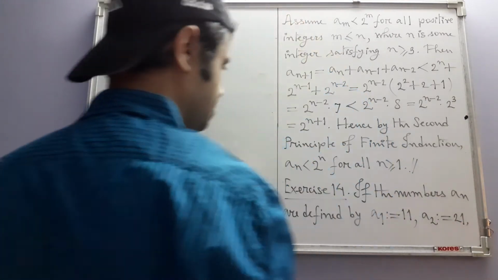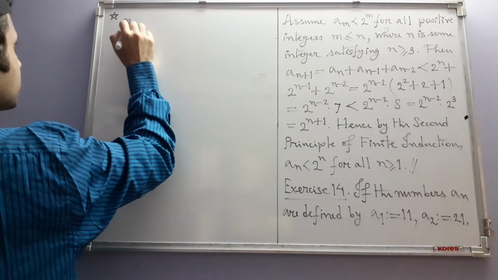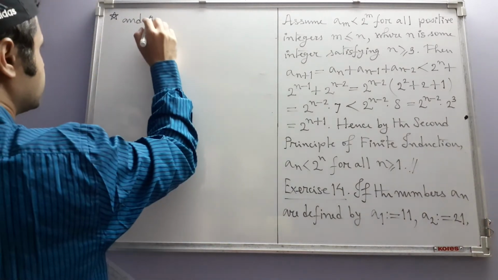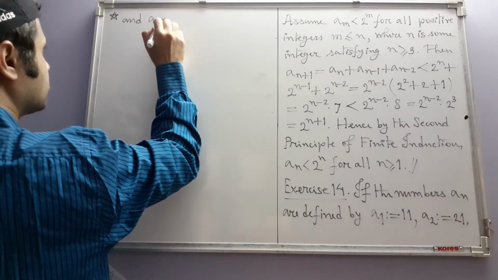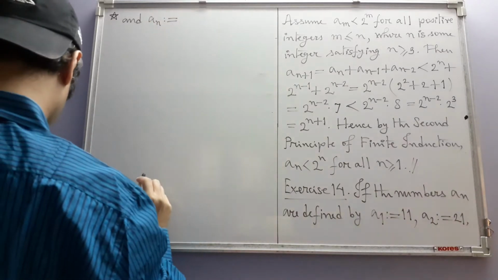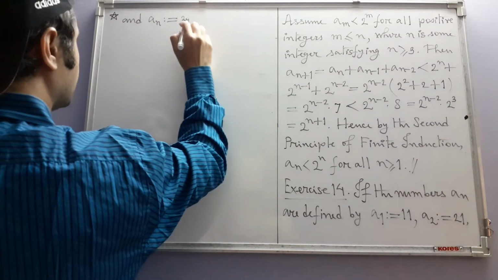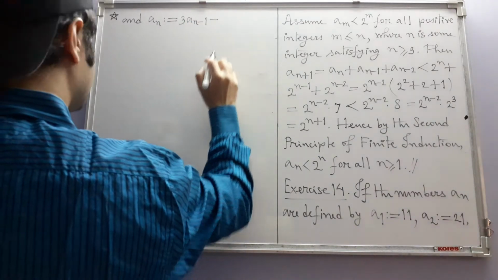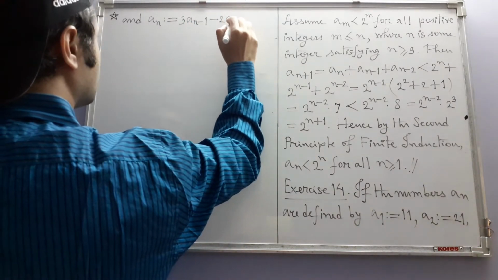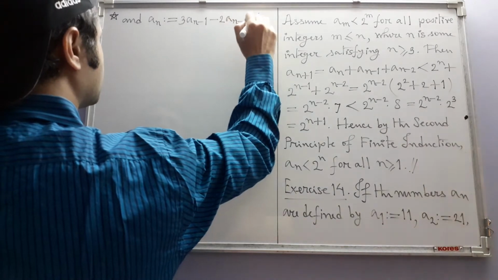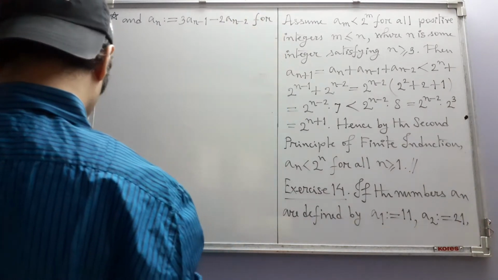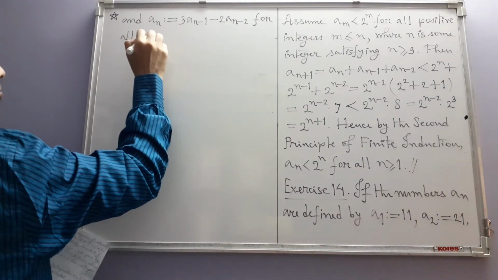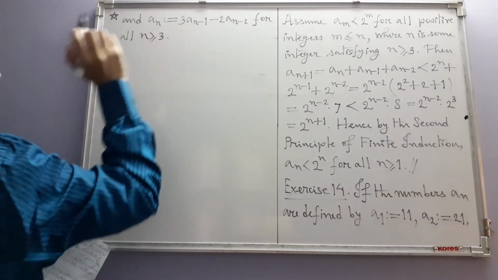and an equal to 3 times an minus 1 minus 2 times an minus 2 for all integers n greater than or equal to 3.